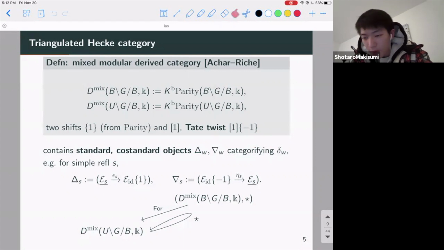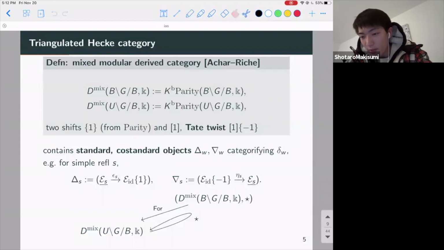And this turns out to be a nice category where you can develop a lot of the kind of homological algebra that you have in, you have a perverse heart, highest weight category, and so on.